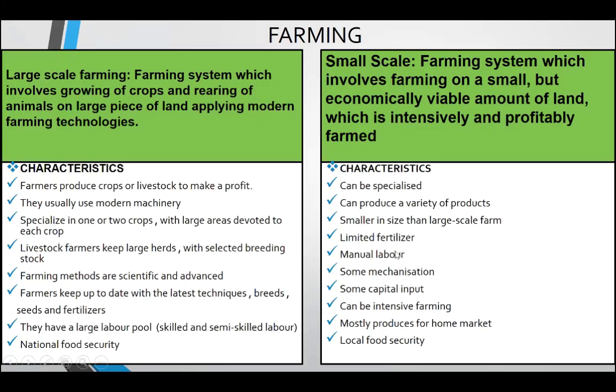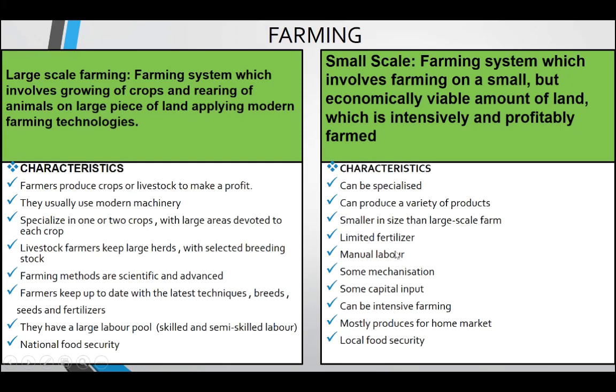Shortage of arable land. Arable land, you can also bring it under physical factors because arable land is a natural feature. And then replacement of subsistence farming with cash crops.